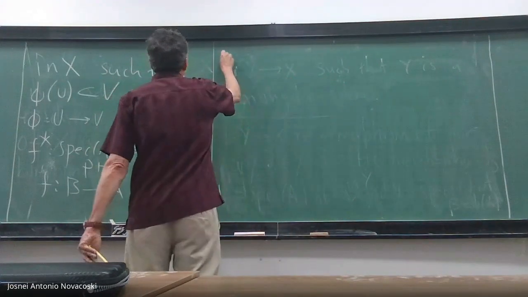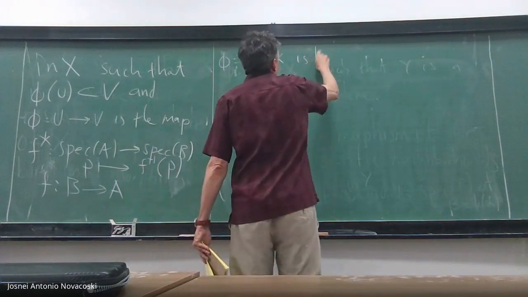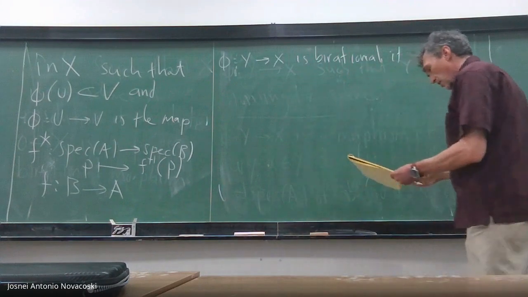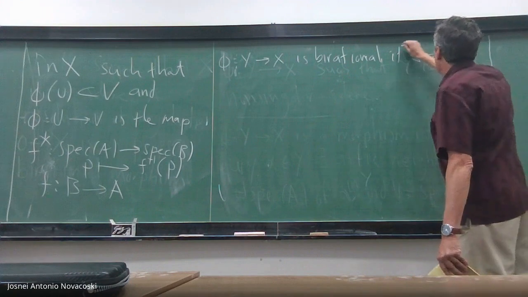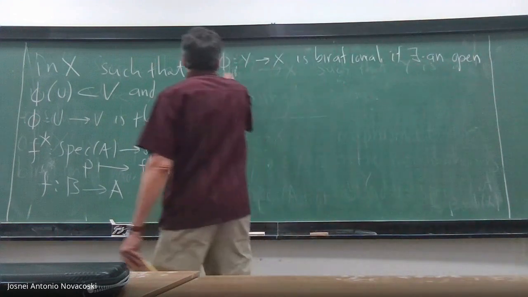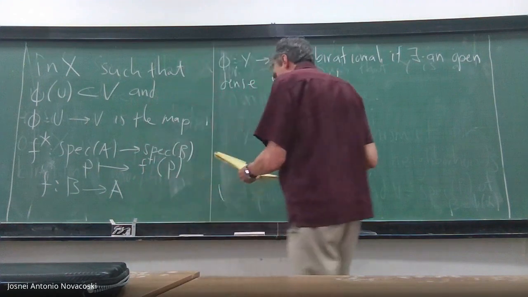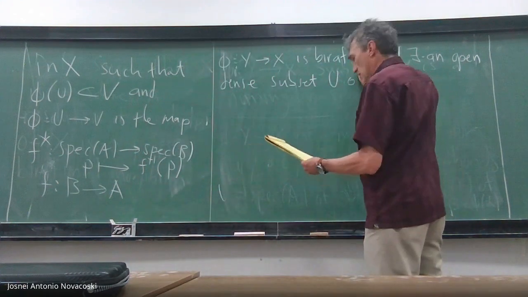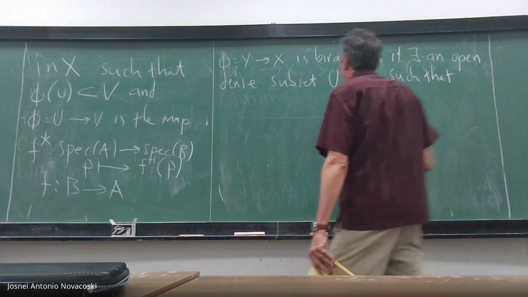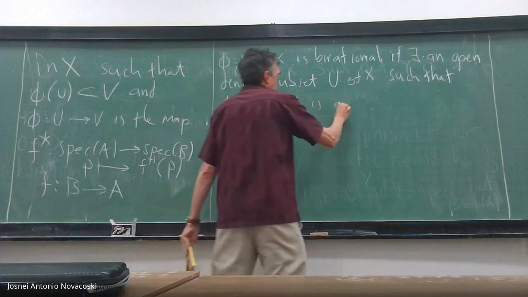So we say that phi from Y to X is birational if there exists an open dense subset U of X such that the pre-image of U to U is an isomorphism.